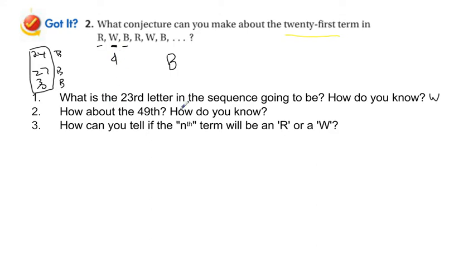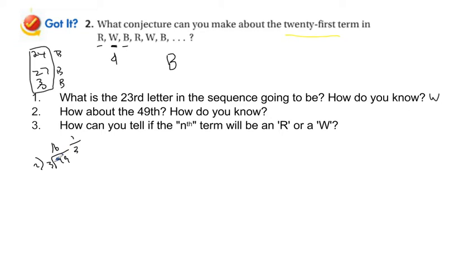How about the 49th? Well, let's see. Let's divide 49 by 3 and see what our remainder is. 49 divided by 3 gives you 16, because 16 times 3 is 48, plus a remainder of 1.